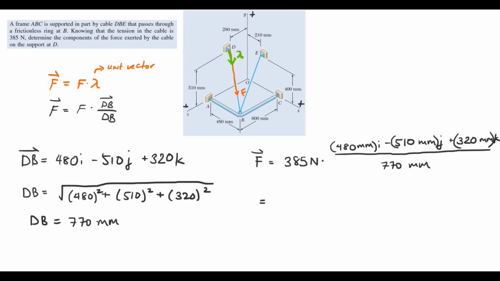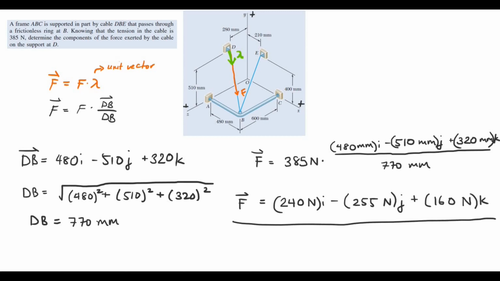And this gives you, so there you have it, guys, the components of the force: 200 newtons I minus 255 newtons J plus 160 newtons K.